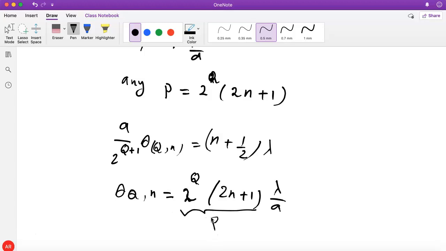I can come up with some construction, some way of pairing up these different waves so they completely cancel out in pairs, and we end up with a dark spot. So this is a general condition.